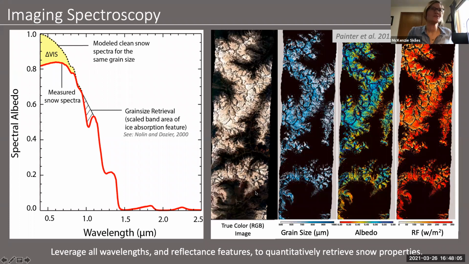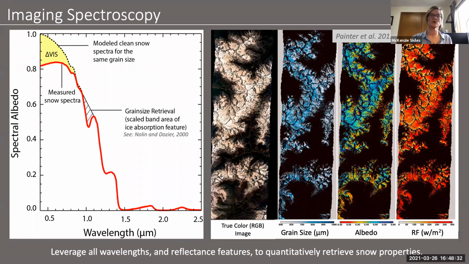Okay, so that's multispectral data, and I'm running out of time, so I'm gonna go through these next slides kind of quickly, but I'm always happy to answer questions. So if we have multispectral data, basically data or information about snow reflectance at all wavelengths across the optical spectrum, we can leverage this information to do quantitative retrievals.